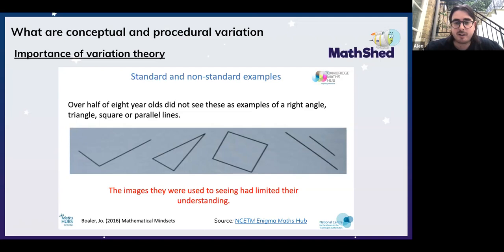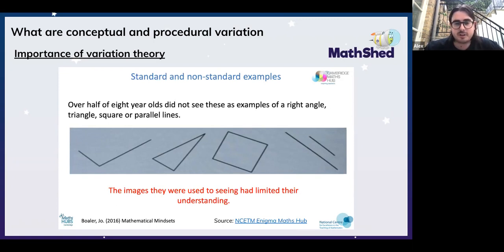They're still parallel. The square is not at a sort of horizontal, flat presentation. It's shown on a sort of diagonal, askew angle. So children were thrown off by that. Same with the right angle triangle and the right angle by itself.